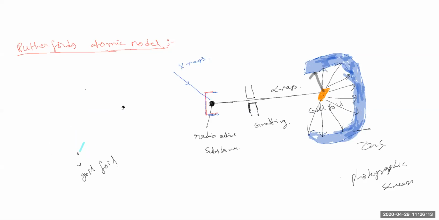Many lines make it feel difficult now. I am taking only one atom from that gold foil. You have to consider only one atom. This is one atom from that gold foil. Here is the positive charge. See this.